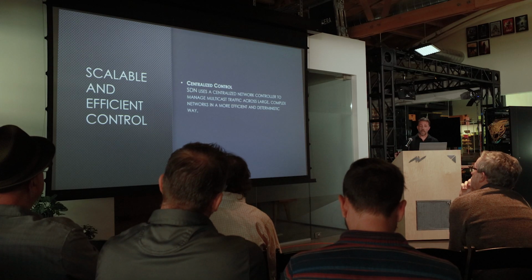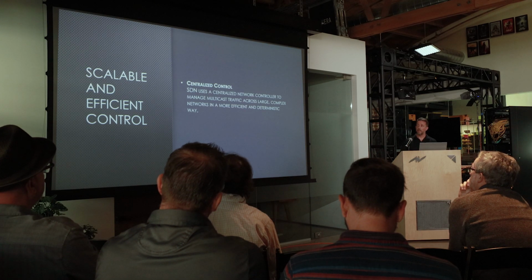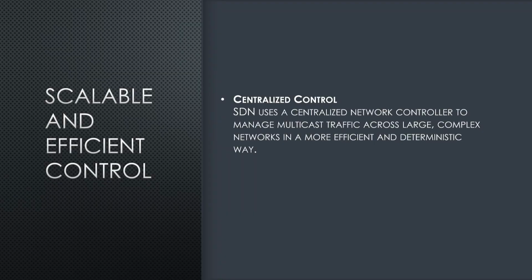And where it's really key is when you get into large and complex networks, especially with multiple uplinks between switches. The centralized control nature gives a lot of flexibility for management and offers improvements over the network protocols like PIM and IGMP, and the hashing algorithms that are used to balance traffic across multiple uplinks.